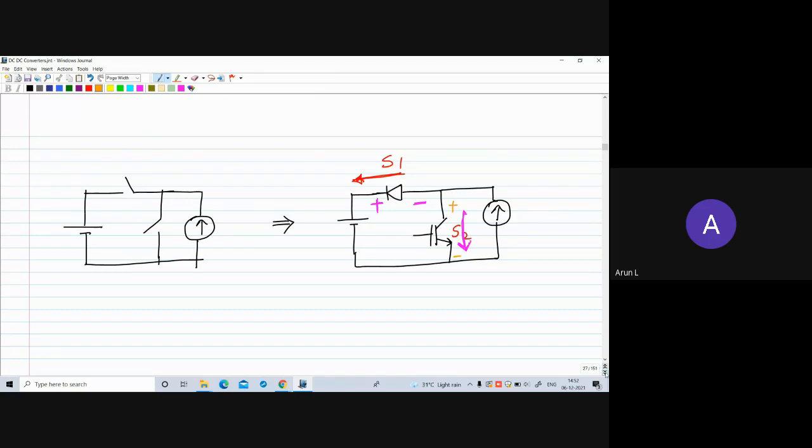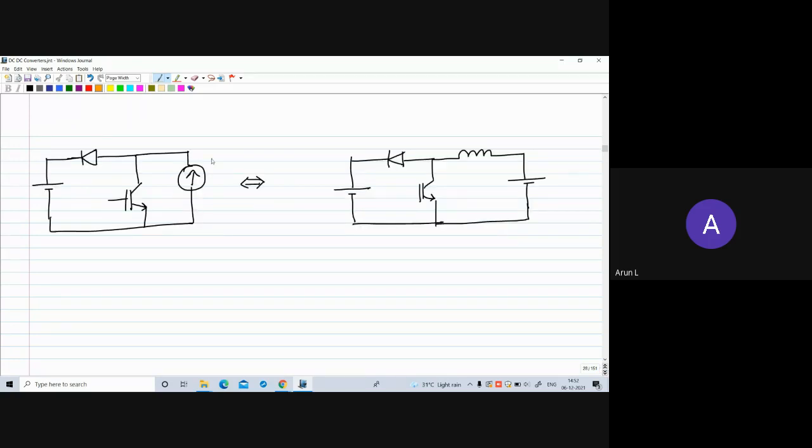So in this network, this current source can be replaced by a voltage source in series with a large value of inductance. When you connect a large inductance in series with a voltage source, the current in this path will be fairly constant. And in order to absorb power here, we can replace this source by a load section.